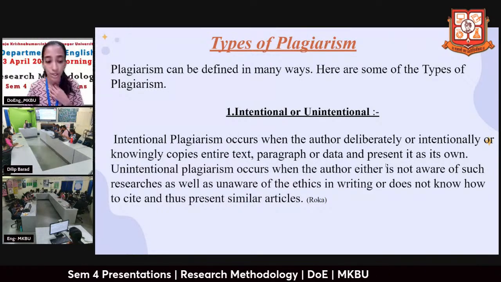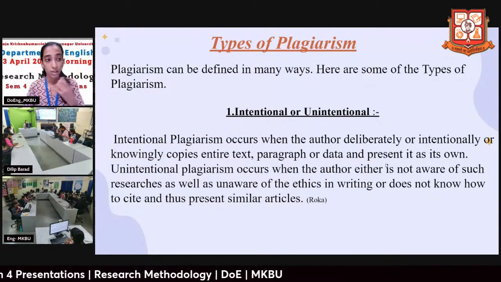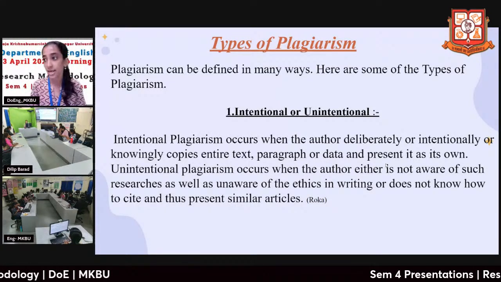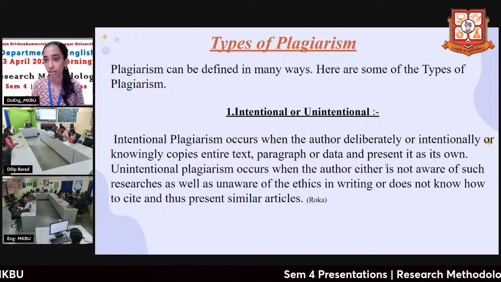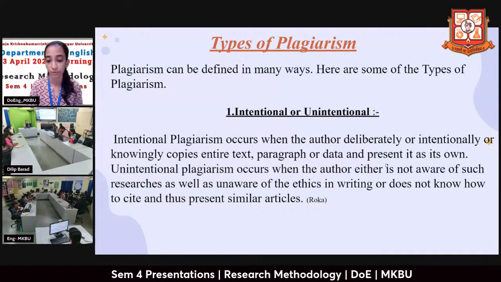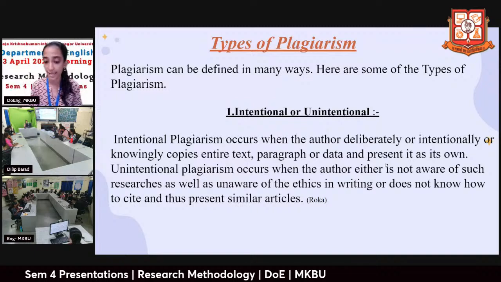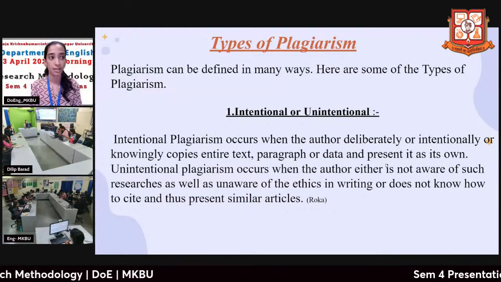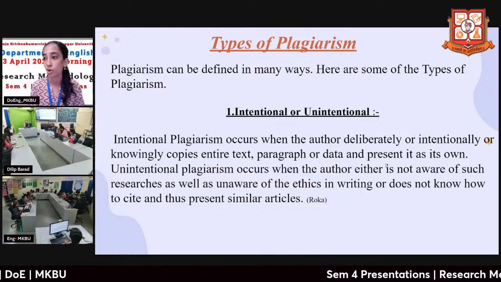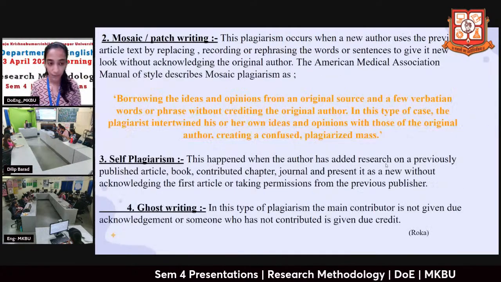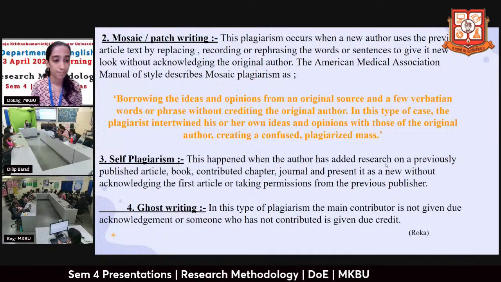So in intentional plagiarism, the author does it deliberately because he knows that it is not the correct way of doing it, but still he or she is copying from already existing work. While unintentional plagiarism occurs when we lack the proper knowledge about references as well as how to cite. Then paraphrasing plagiarism.